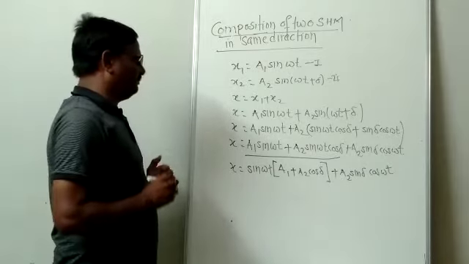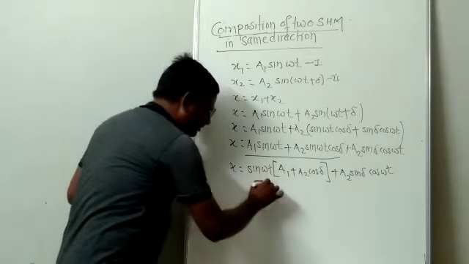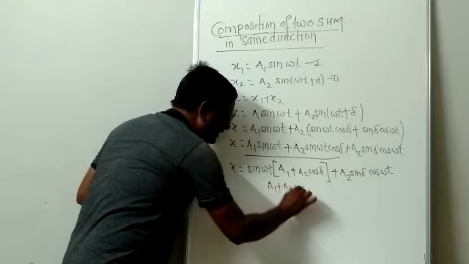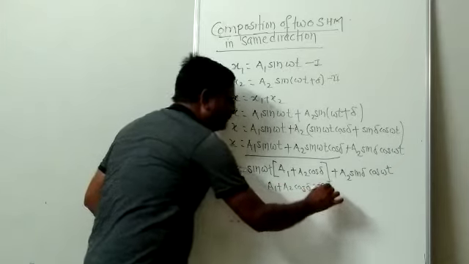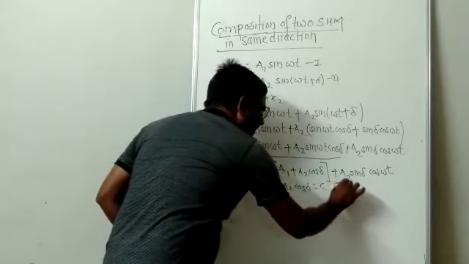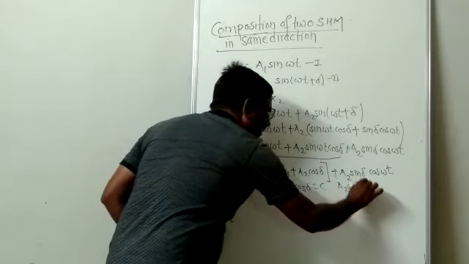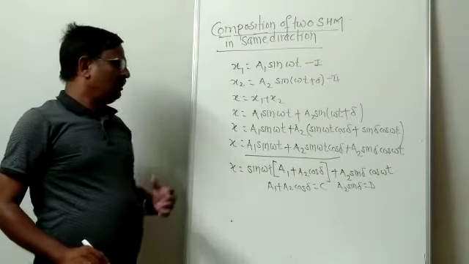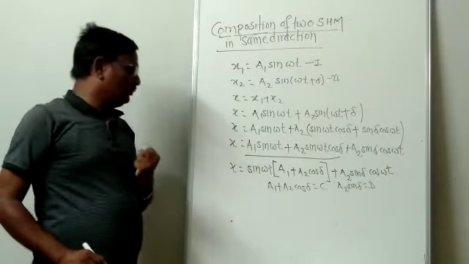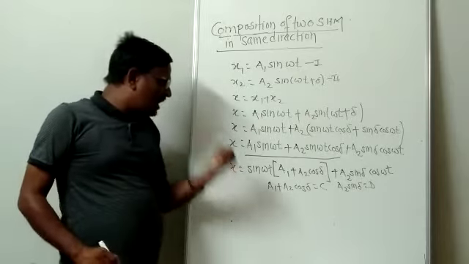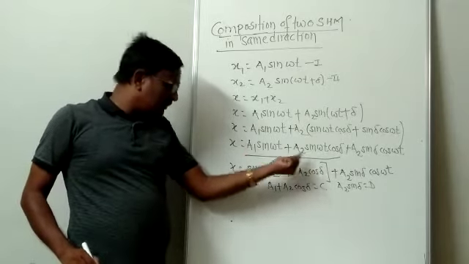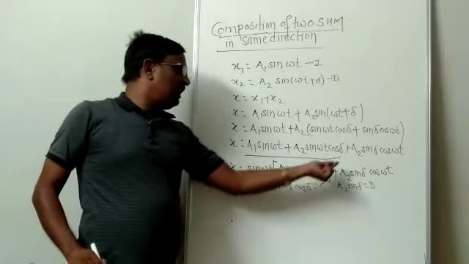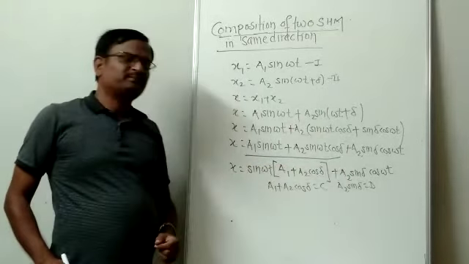Let's assume this value, A1 plus A2 cos delta, is equal to C, and A2 sin delta is equal to D. I have assumed capital C and capital D.